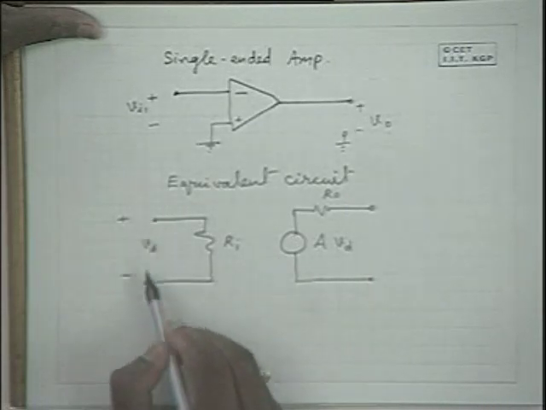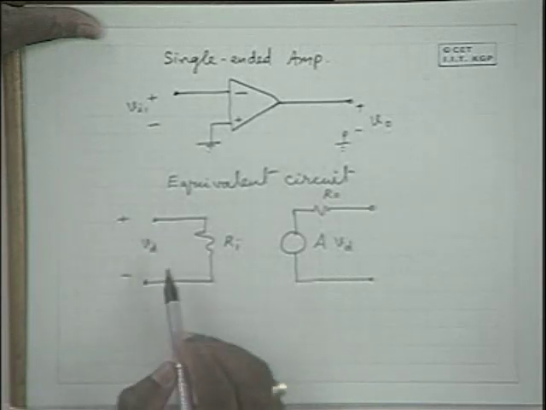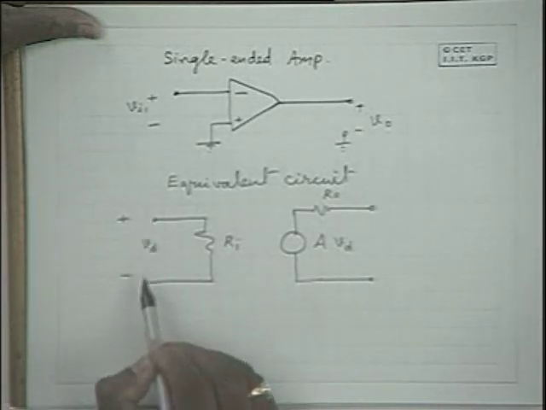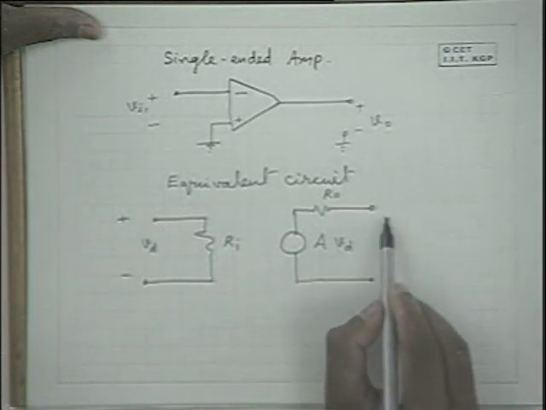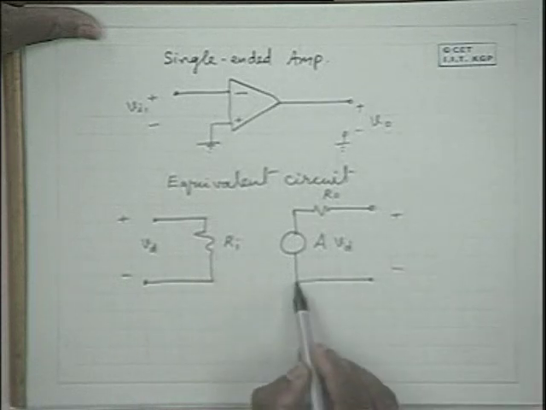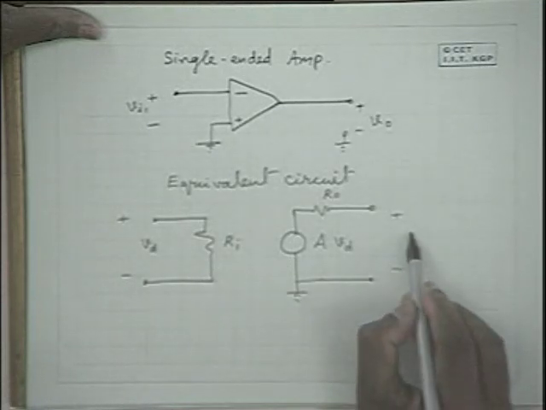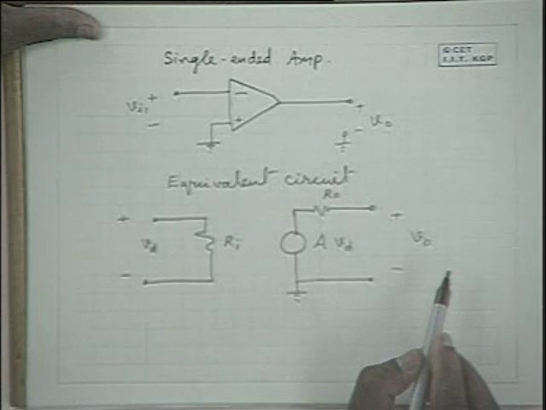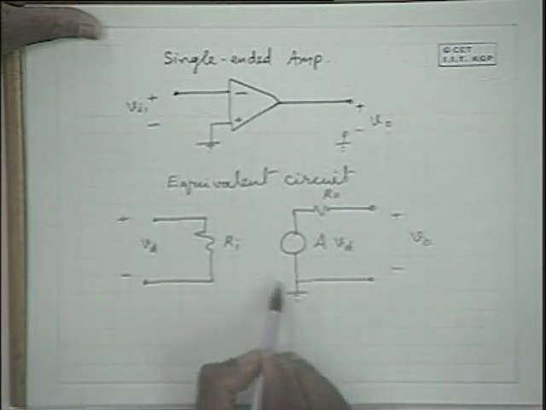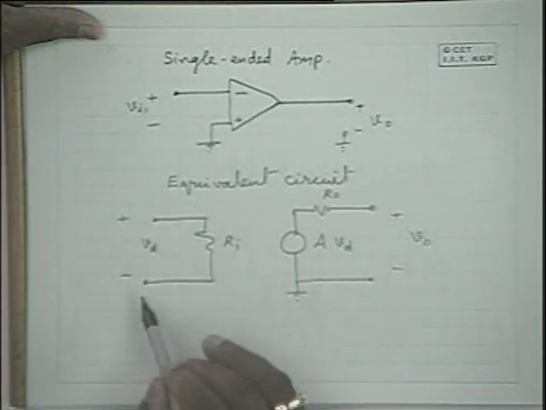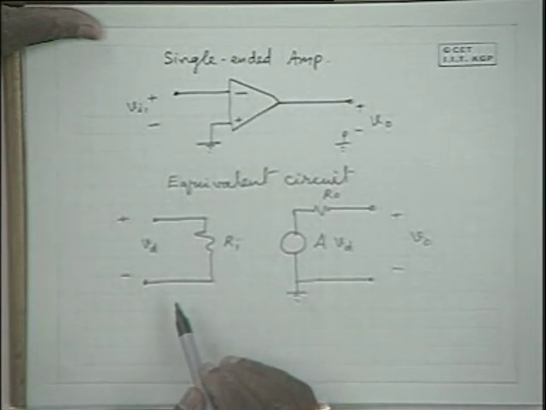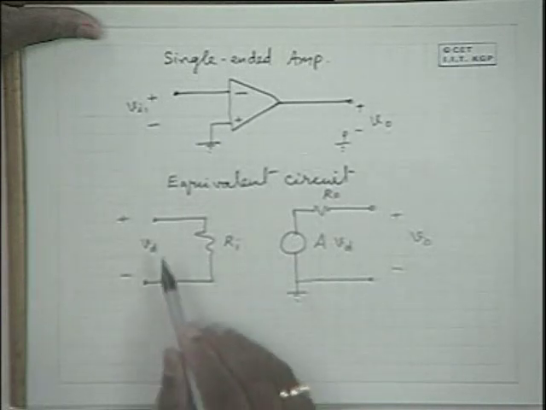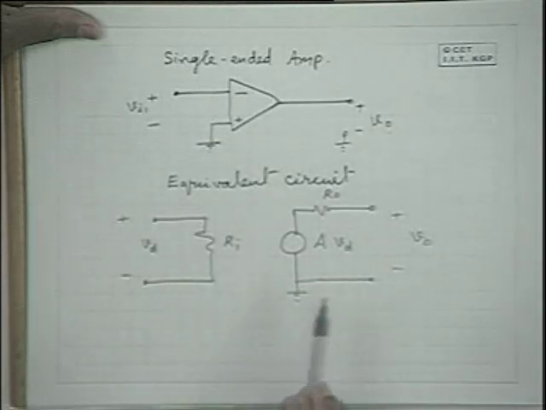But if you are using it in the differential configuration and apply a difference signal here, you can ground one of the output terminals and tap the output signal, like this. So please note that none of these terminals are connected to the ground, they are isolated unless you force one of the terminals to be grounded through an external connection. So this is the equivalent circuit of an operational amplifier.